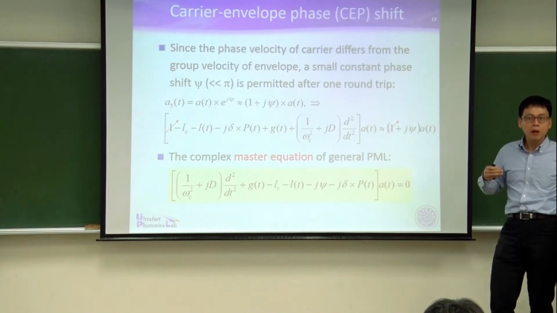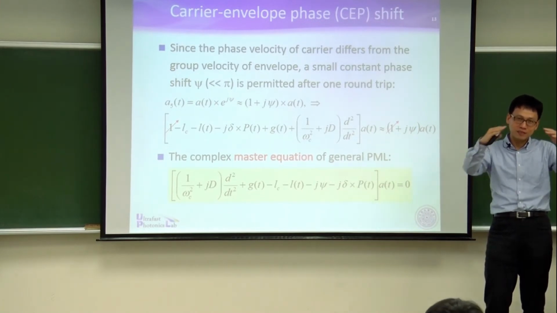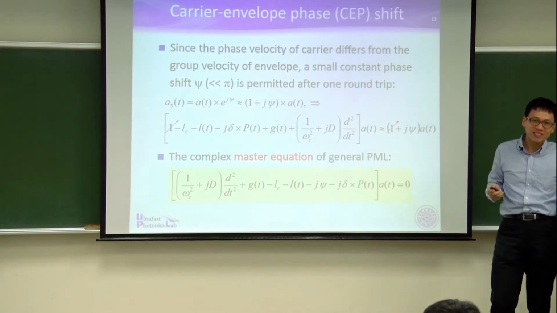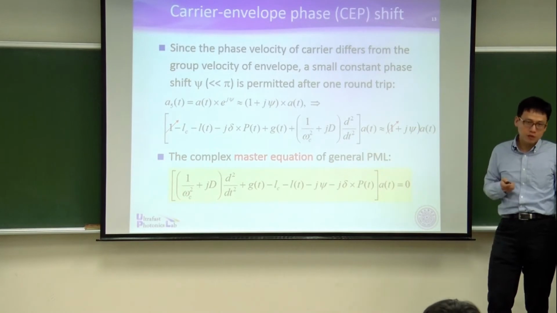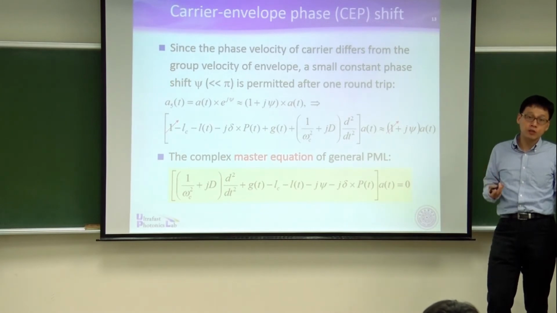So it means a parabolic modulation in the frequency domain. What's that? Something like this. In the frequency domain, it's about transmission, right? So this is a filtering effect. If you review the derivation process, you can identify this is about the filtering effect of the gain medium.